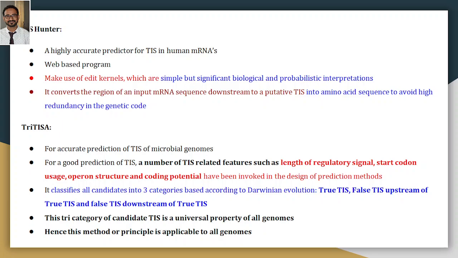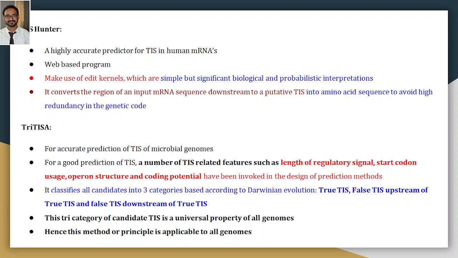These are the 4 factors involved in the design of the prediction methods. It classifies all the candidates into 3 categories: true TIS, false TIS upstream of the true TIS, and false TIS downstream of the true TIS.